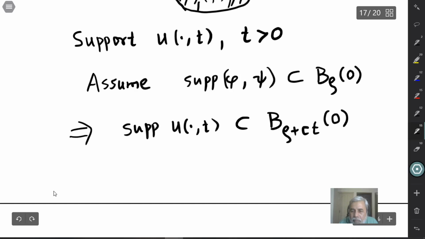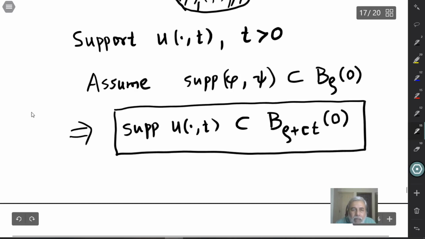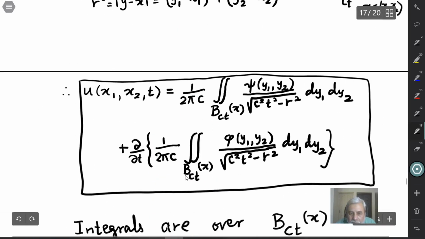So this is all we can say in the two-dimensional case. We cannot say anything further because of this integral which depends on the entire disk.